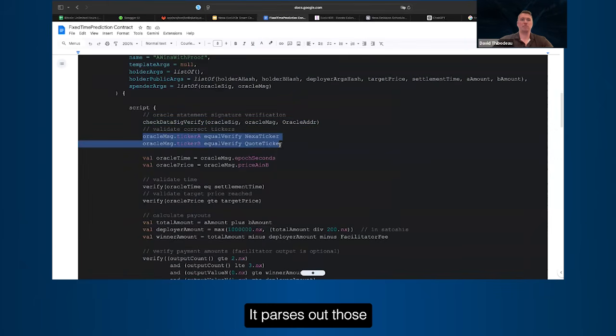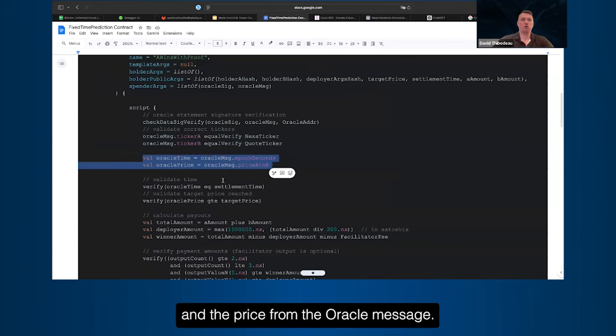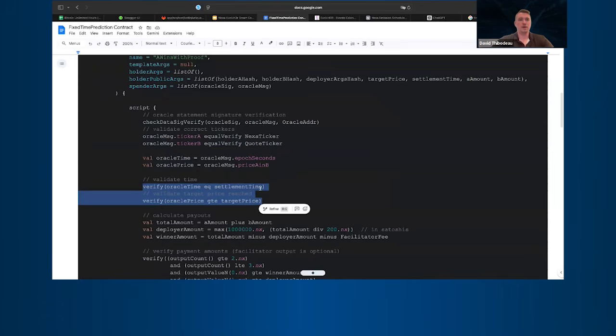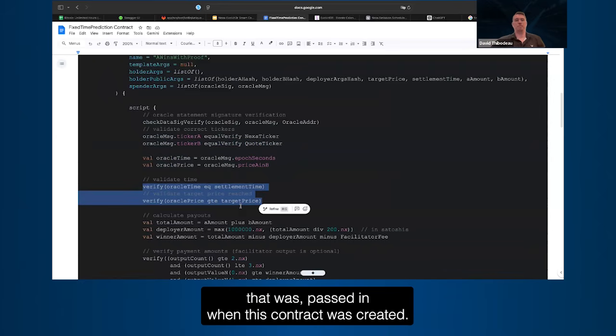It parses out those values, getting the ticker values. It also gets the timestamp and the price from the Oracle message, and it verifies those against the hard-coded timestamp and the hard-coded target price that was passed in when this contract was created.